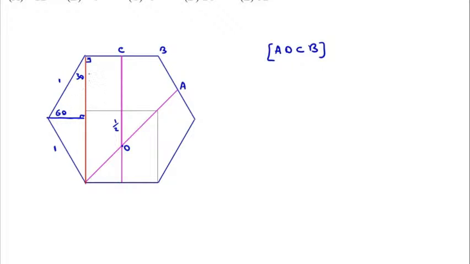So this part will be sine 60 times 1, root 3 over 2, or you can say it is root 3. And because it is 1, you can say this length is root 3 minus 1.